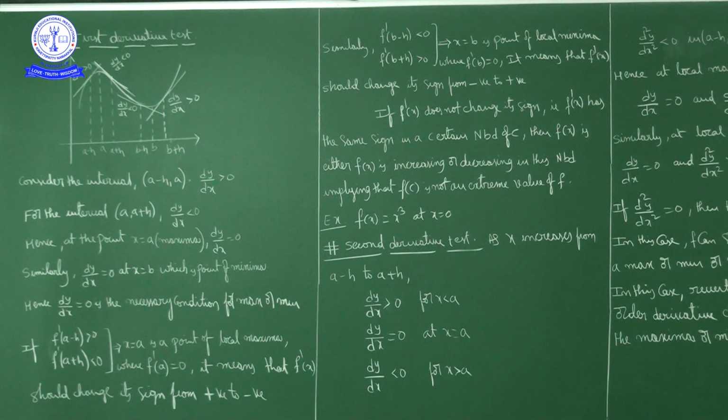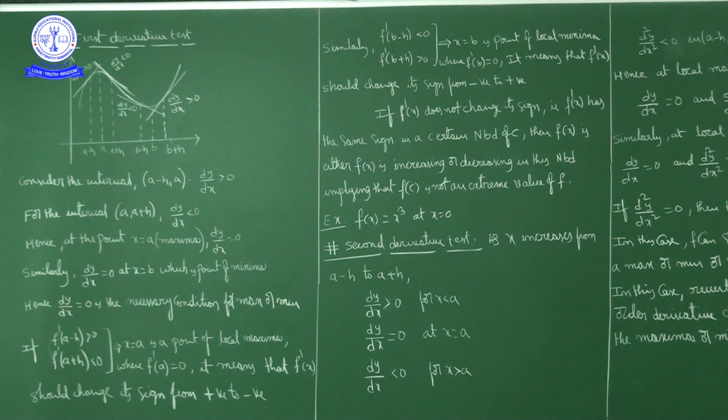Here dy by dx, by first principle, we can write f dash of x equal to the limit as h approaches 0 of f of x plus h minus f of x upon h. Final quantity minus initial quantity upon the difference of x coordinates.